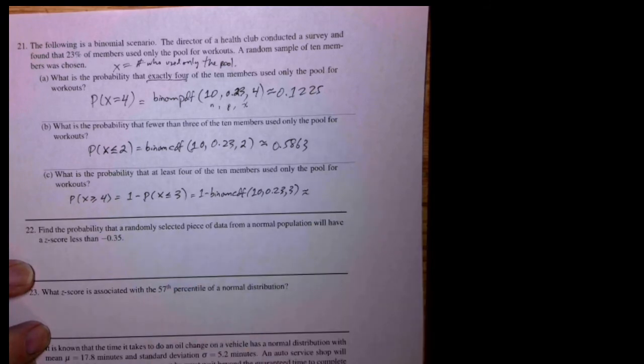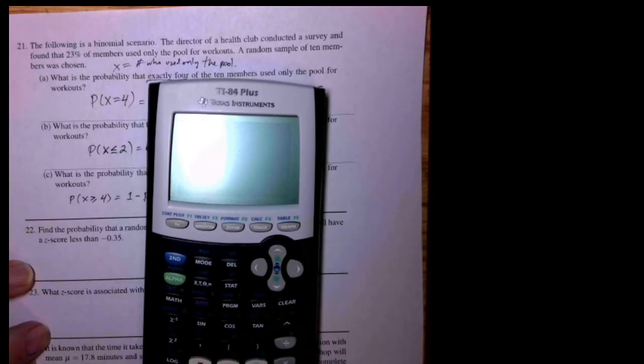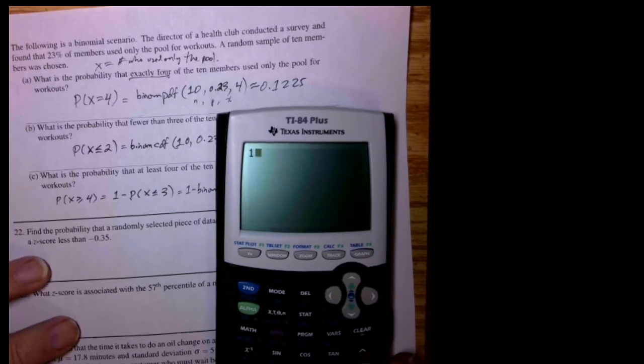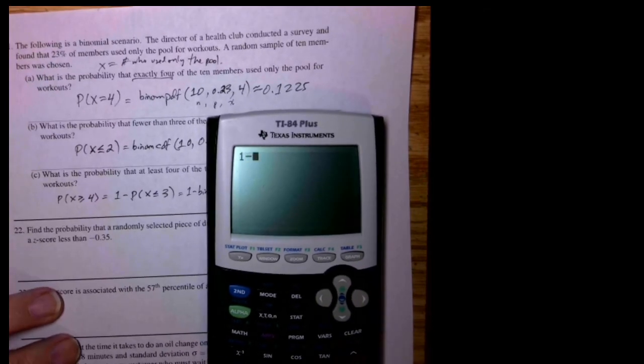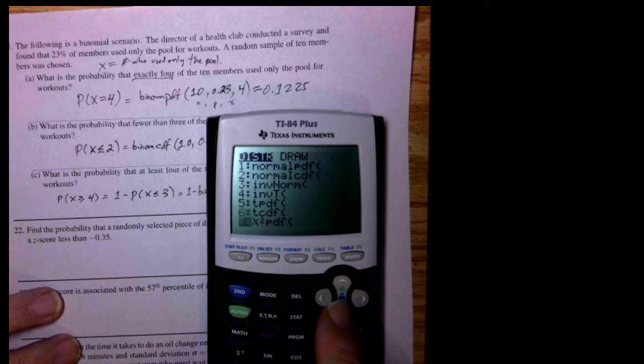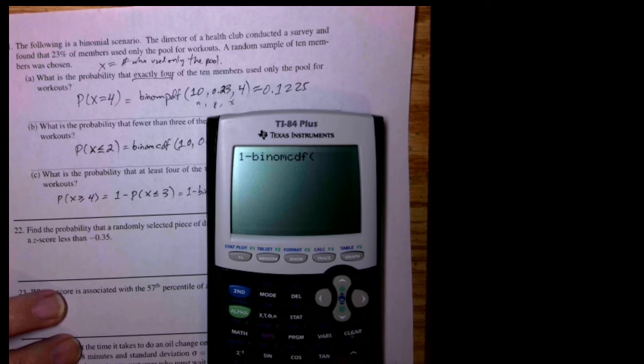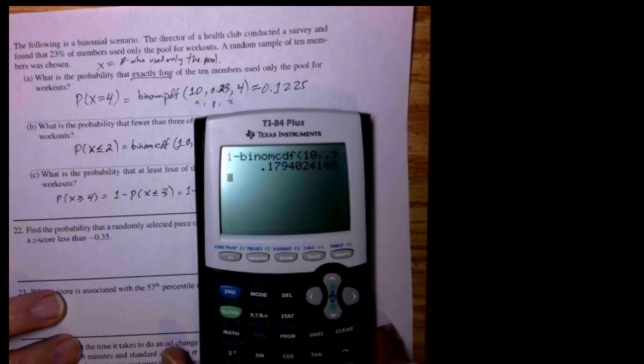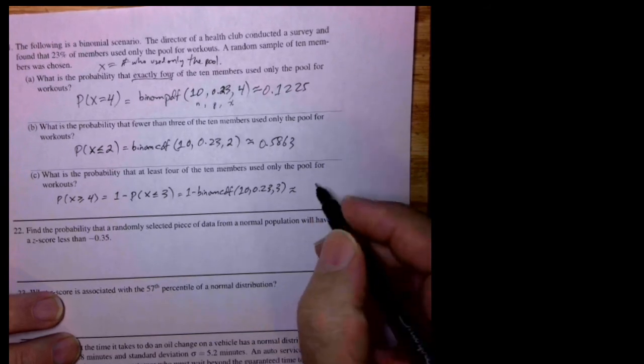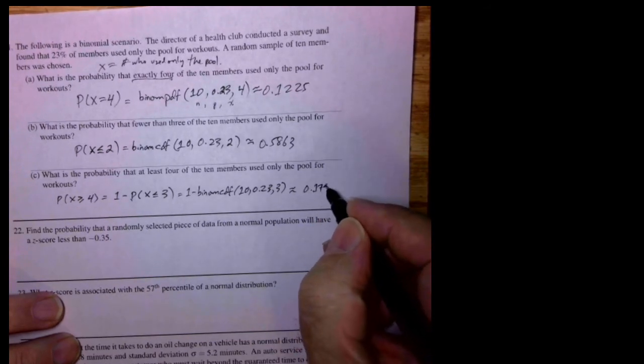I'm going to do this all at once: 1 minus, then go to the distributions menu and down to binomCDF, 10, comma, 0.23, comma, 3. And that's 0.1794 approximately.